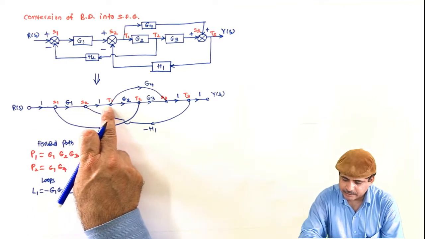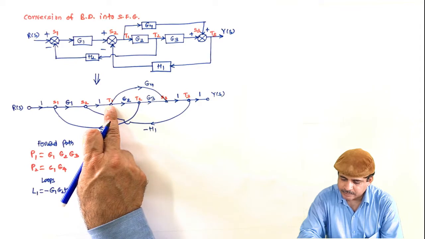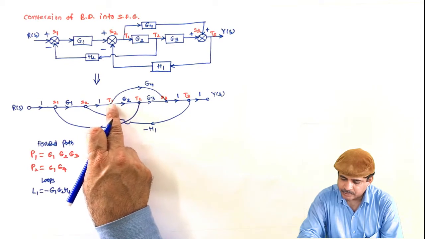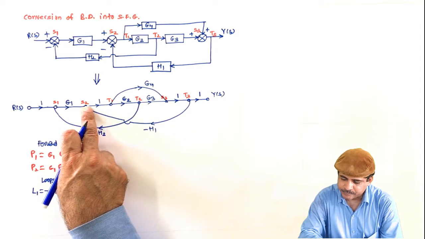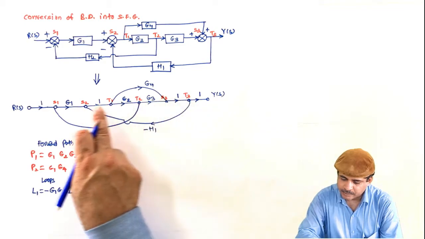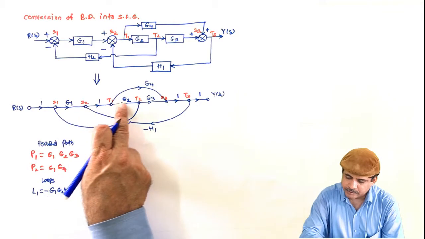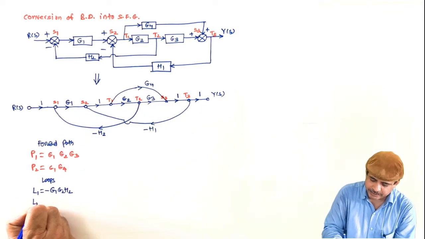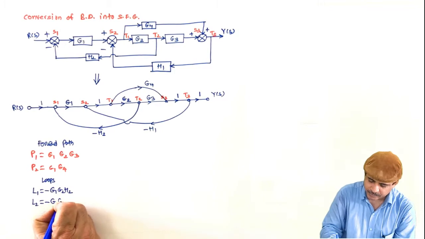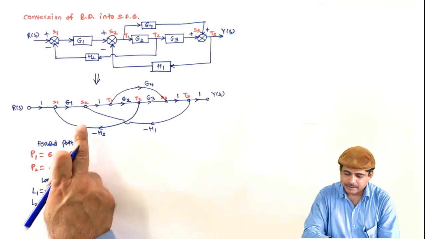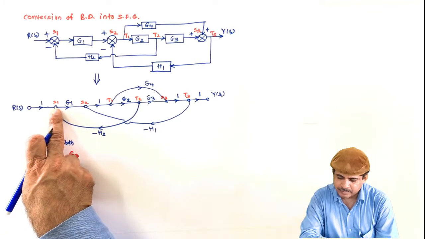Then check for this one, see. This is a loop, G2, G3, minus G2, G3, H1. Then check another one.